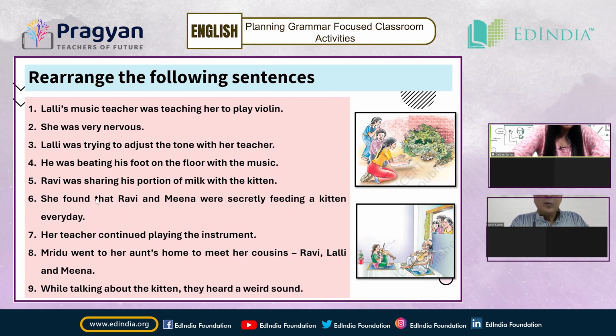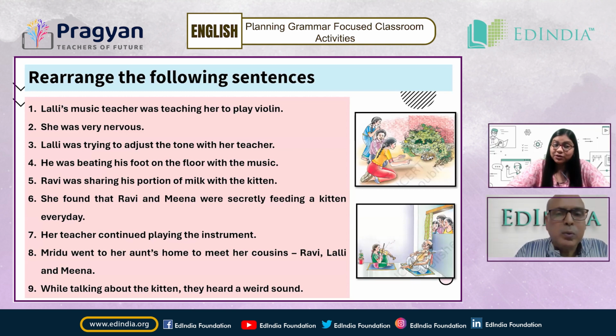Third sentence, I think, sentence number 9 should come at third place: while talking about the kitten, they heard a weird music. And okay, before that, sentence number 5 should come: Ravi was sharing his portion of milk with the kitten. And then it will be sentence number 9: while talking about the kitten, they heard a weird sound.